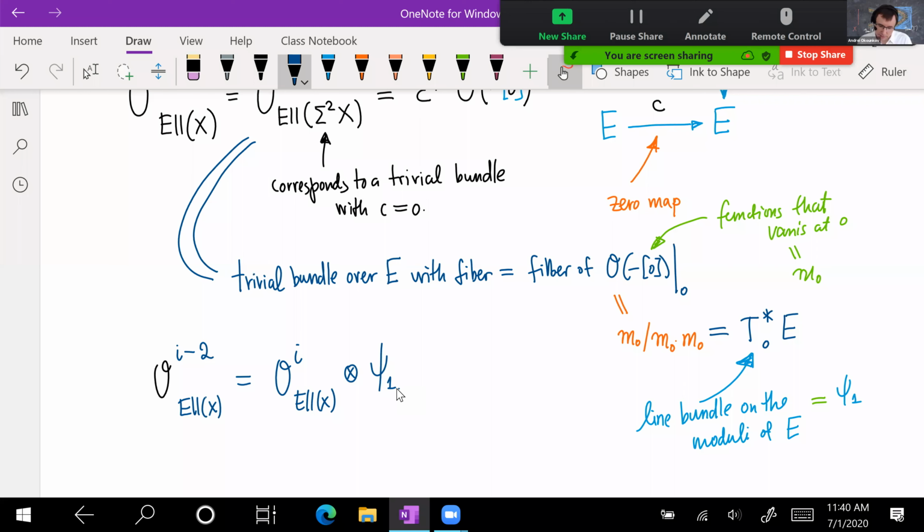So that's the periodicity. That's what kind of periodicity in elliptic homology takes this form.